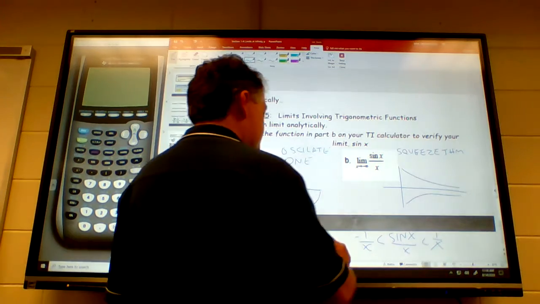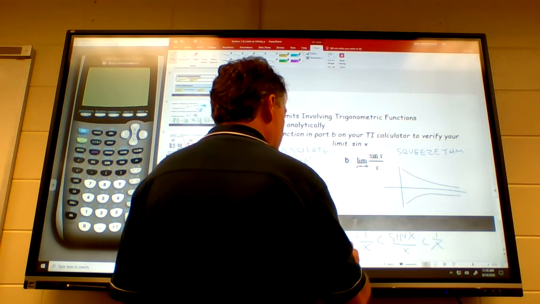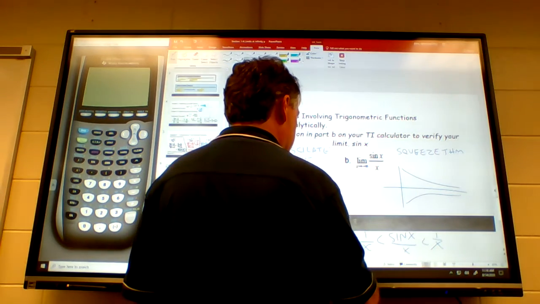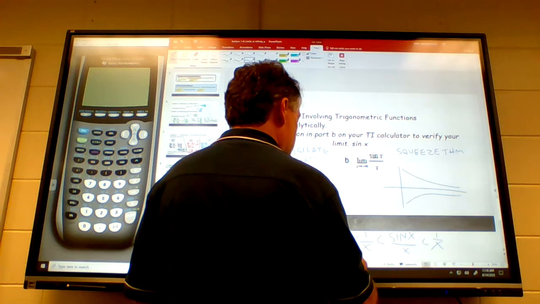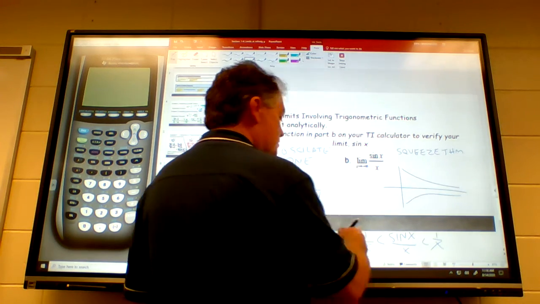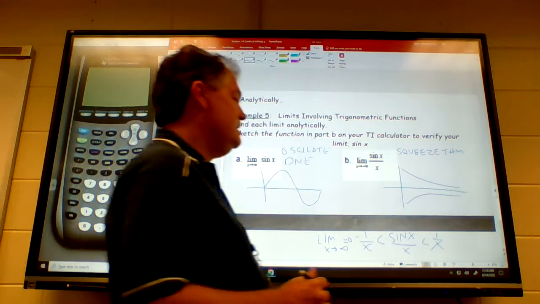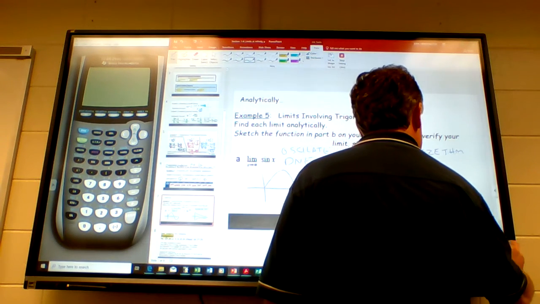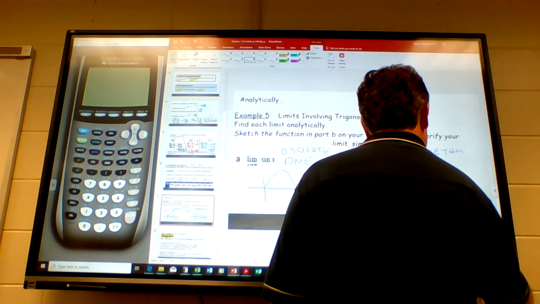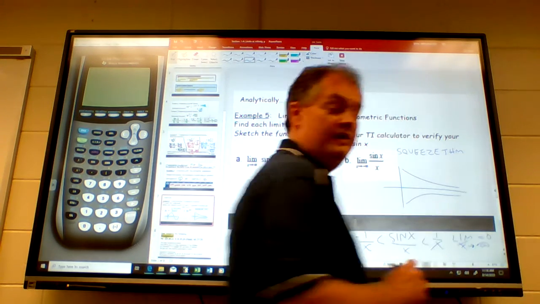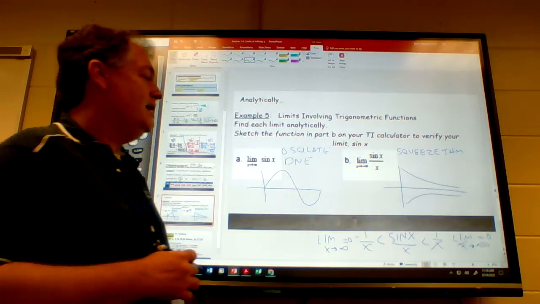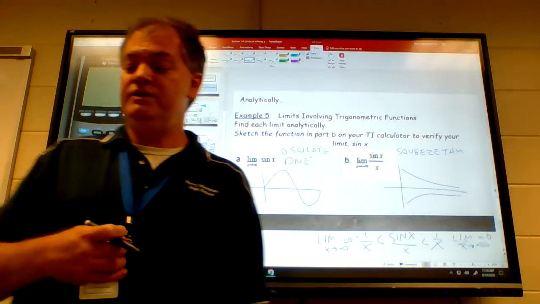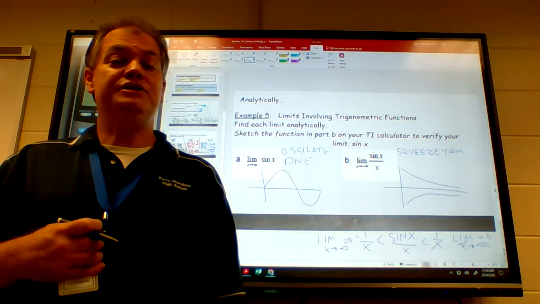And the limit as x approaches infinity equals 0 on the right, and on the left, the limit also equals 0 as x approaches infinity. So that's the squeeze theorem. You can watch the video on your own and check it out at your leisure.